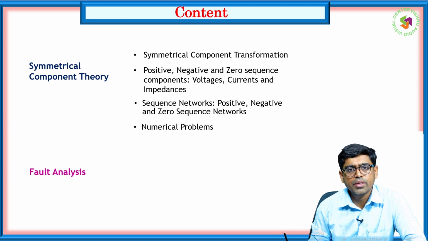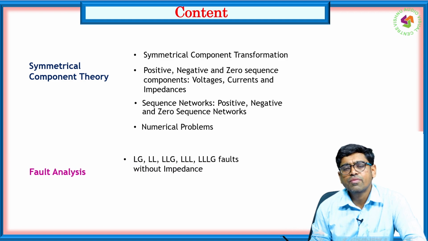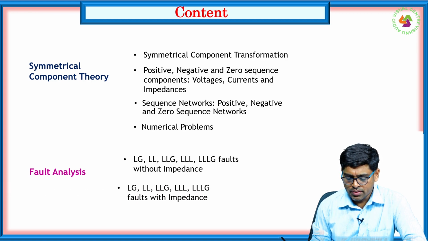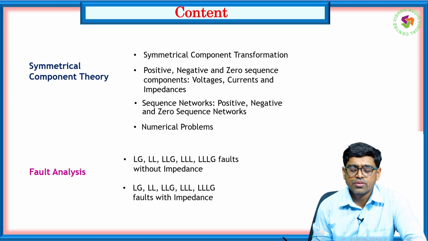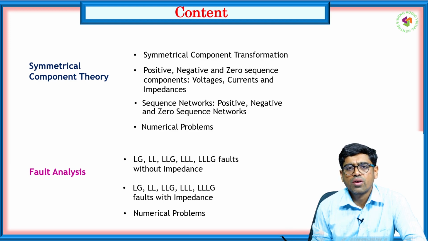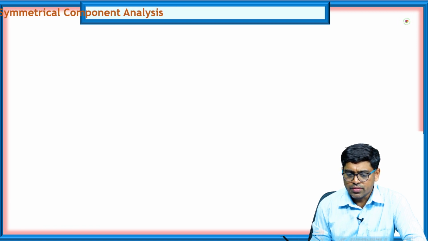The next topic we can cover is fault analysis. The first one is LG fault, double L fault, double LG fault, and triple L and triple LG fault. We can study these faults without impedance, and also with fault impedance. Next are some problems on the various fault analyses in a power system network.